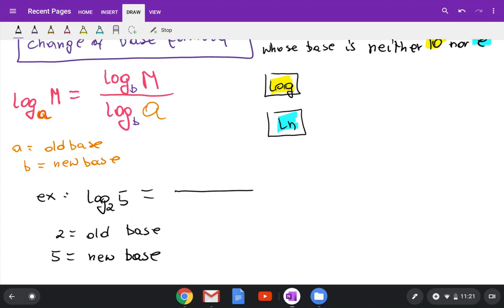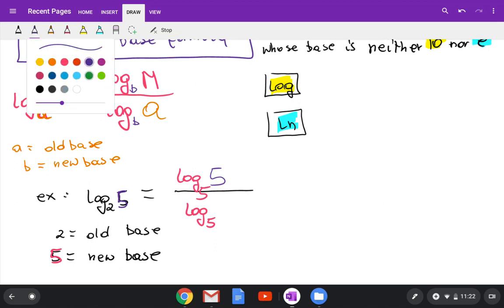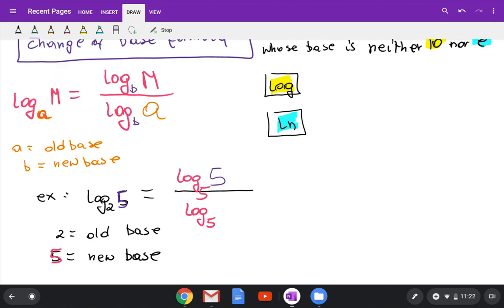A fraction. On the top, it's going to be log of my new base, which is 5, of this expression, over log of my new base 5, and here the expression is going to be that old base.